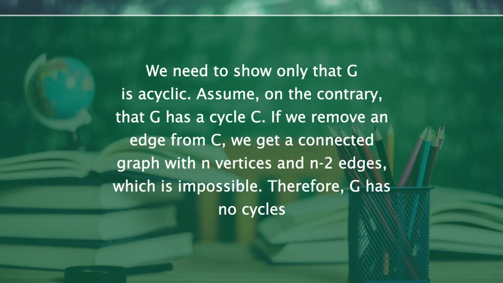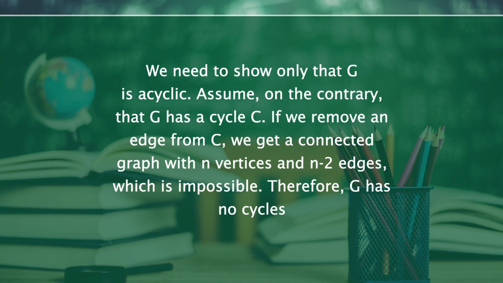So we shall assume that G has no cycles. That means we shall prove it using the method of contradiction. So we assume that G has no cycles, and then we shall arrive at a contradiction. So we start the proof formally. We need to show only that G is acyclic.